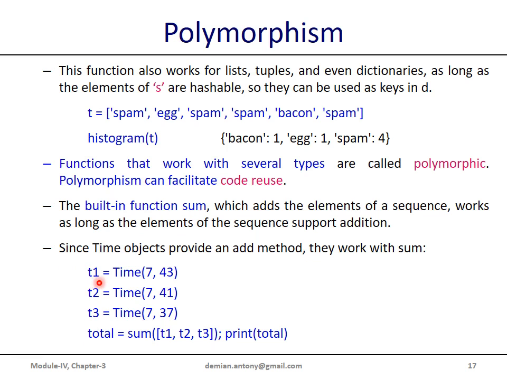Let us say we have t1, t2, t3 like this, and we can get the sum of all three times by writing a list of objects. This square bracket represents a list, a sequence containing three objects, and finally we can get the sum as a total.